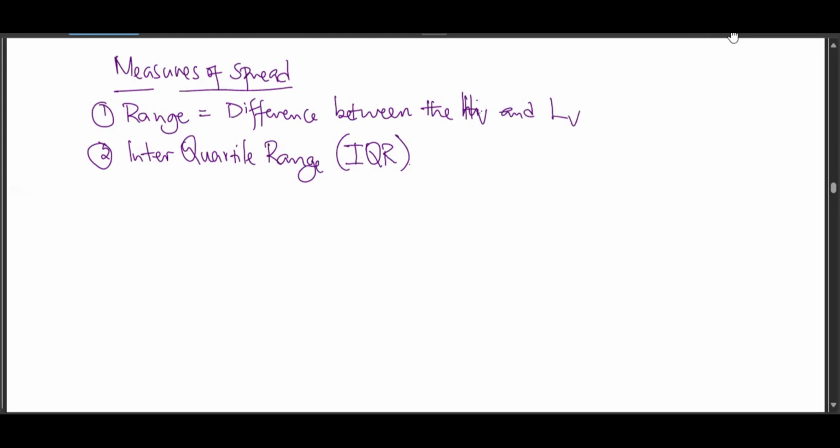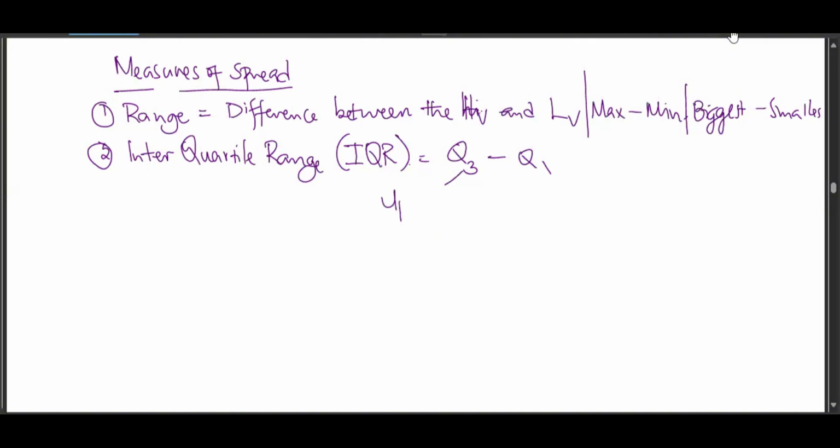Highest value minus the lowest, or someone can say the maximum minus the minimum. Young ones like saying the biggest minus the smallest. That's range. Then the interquartile range will always equal Q3 minus Q1.